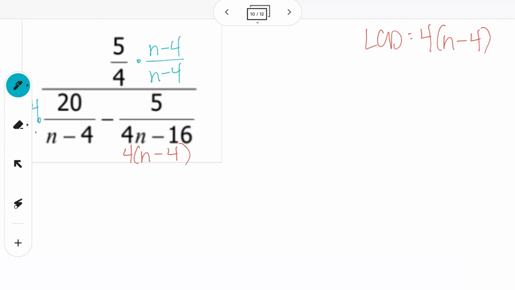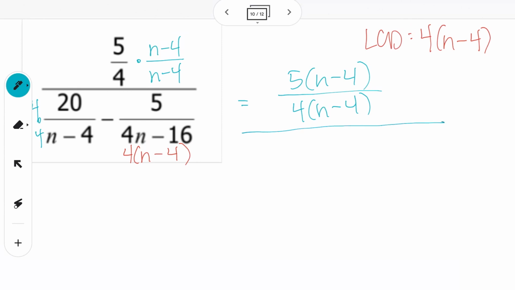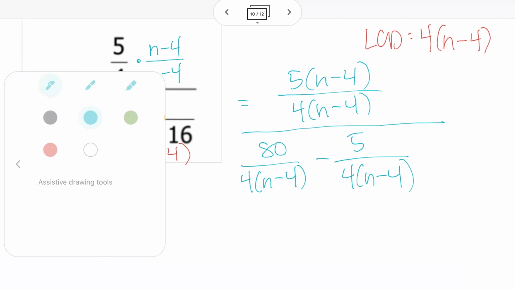I'll multiply this one by 4. And then everything will have the same denominator. So now I have 5 times n minus 4 over 4 times n minus 4 all over 80 over 4 times n minus 4 minus 5 over 4 times n minus 4.